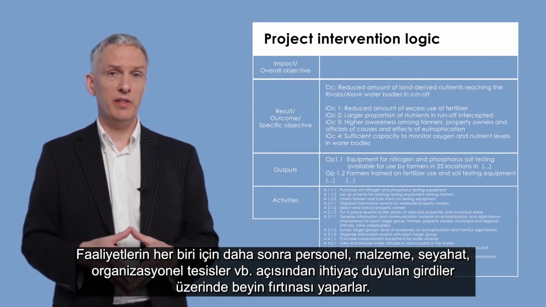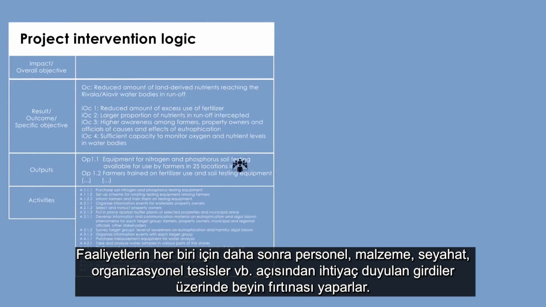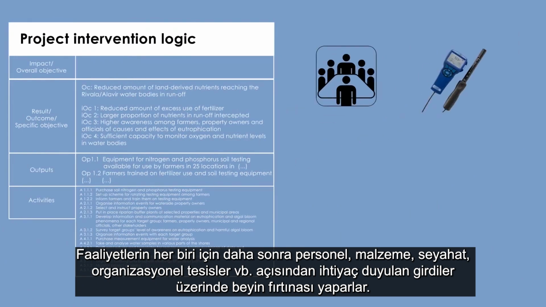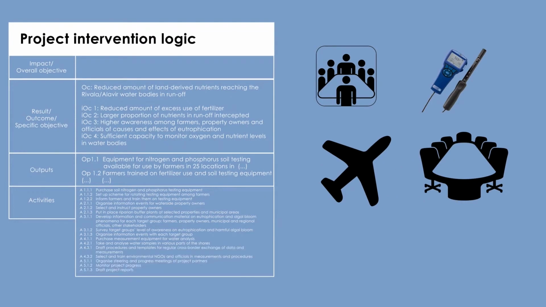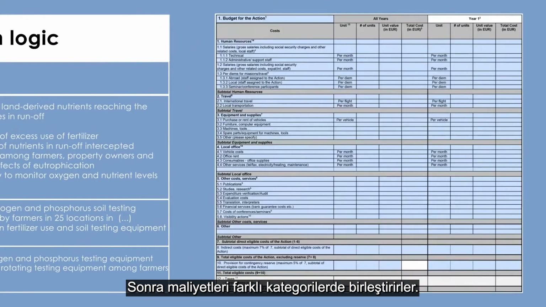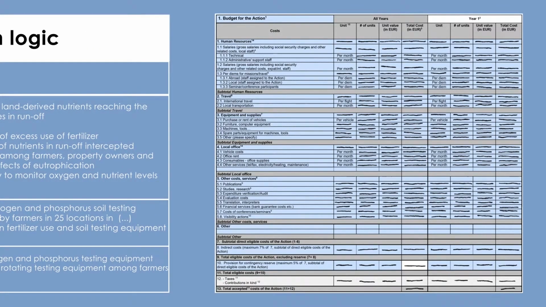For each of the activities, they then brainstorm the inputs needed in terms of staff, supplies, travels, organizational facilities, etc. They then combine the costs into different categories.